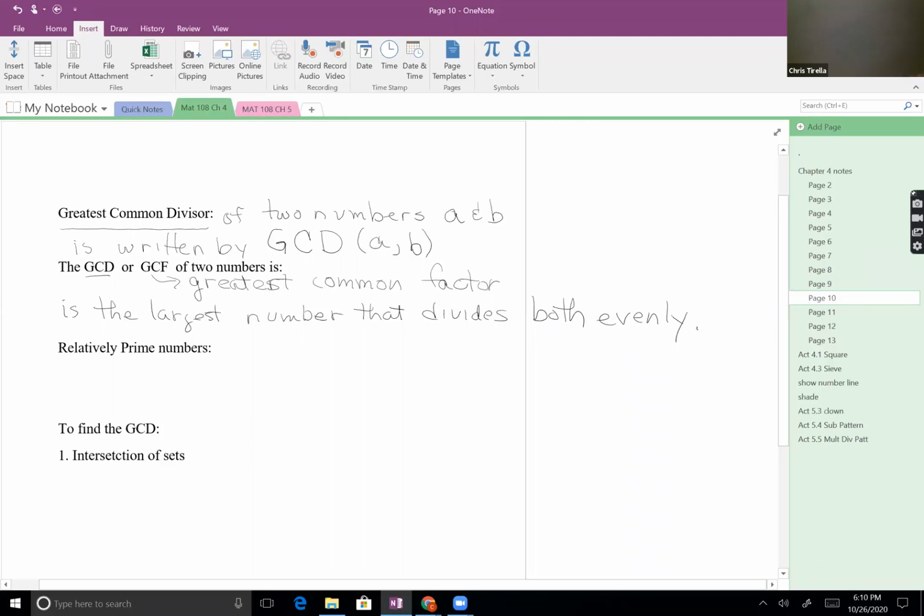And so we're looking for the largest number that can go into both numbers.